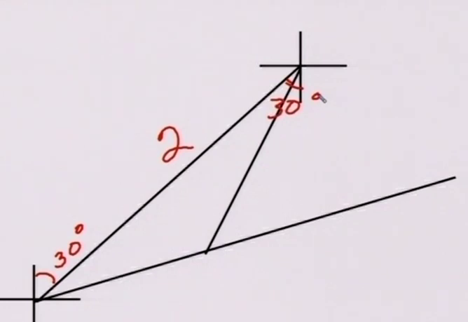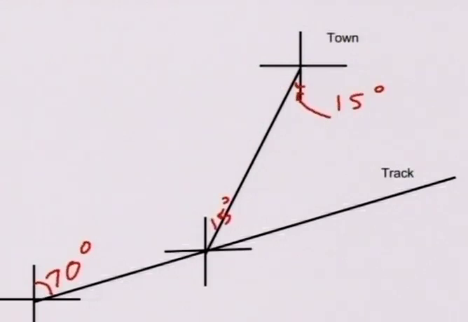Now that I'm starting to get some angles down, I can figure some things out a little bit. If I look backwards, that whole angle there is 30 degrees. If I go back here, I see that that part of the angle is 15 degrees.